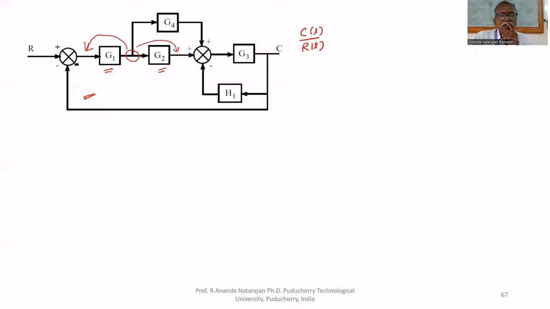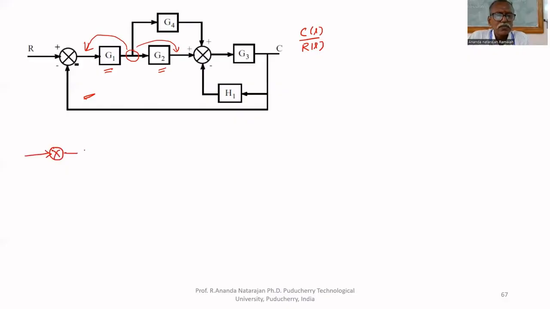Suppose you want to move to the left side. What will happen? The signal going to this G4 is already multiplied by the gain, the transfer function G1. If you shift that, it will not be multiplied by G1. Therefore, we have to multiply by G1.